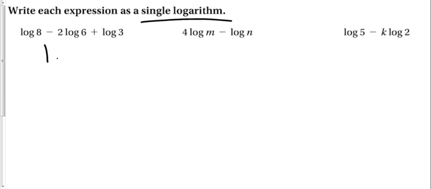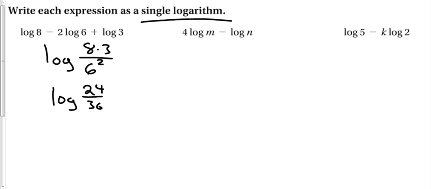And to turn this into a single logarithm, we're going to change this to 8 over 6 squared times 3, which in turn, 8 times 3 is 24 over 36, which is, we'll write underneath, log of 2/3.